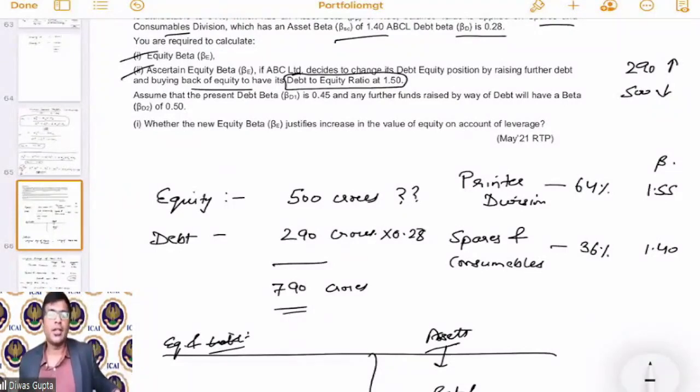Now let us see what the requirement in the question is. The requirement is to calculate the equity beta. We have equated the debt equity ratio as 1.5 and restructured the debt and equity. Now we have to calculate the equity beta, but they say to assume, in relation to the second part only, that the present debt beta is 0.45.